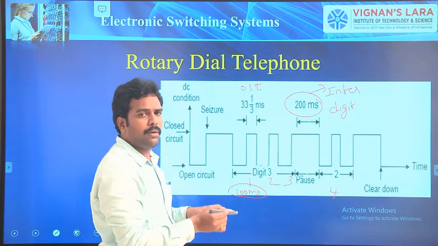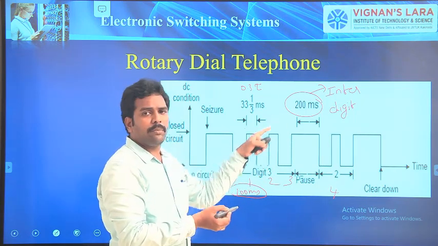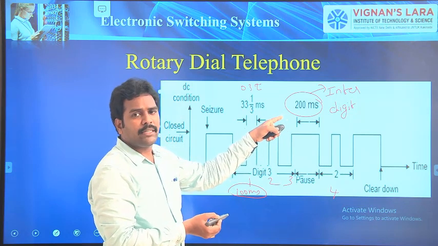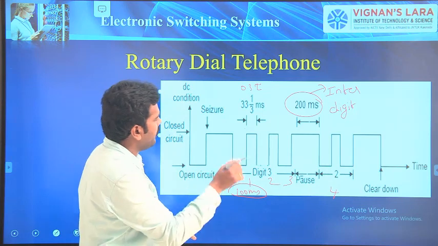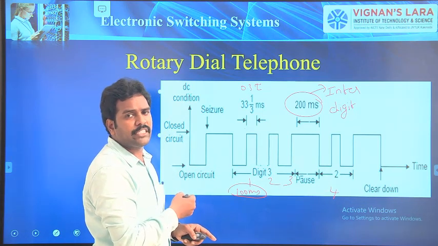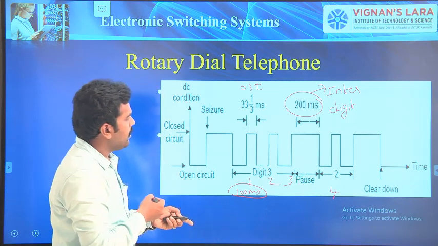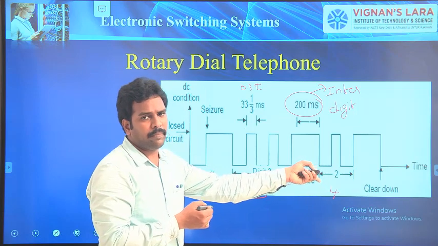To overcome that problem, after each and every digit, it provides a 200 milliseconds time delay. This is the way to generate the pulses using a rotary dial telephone set. If it is 0, it generates 10 such pulses.